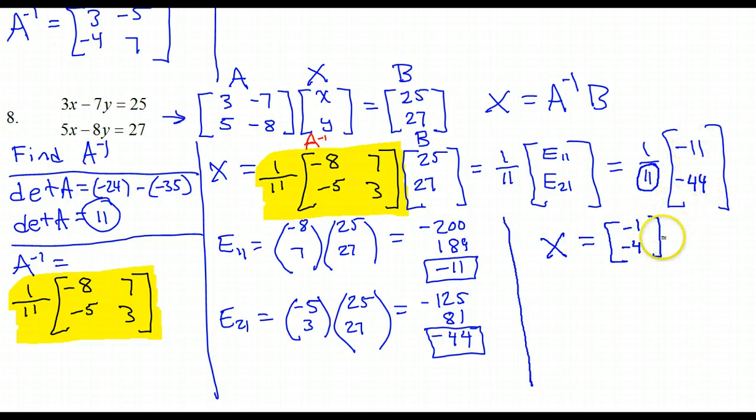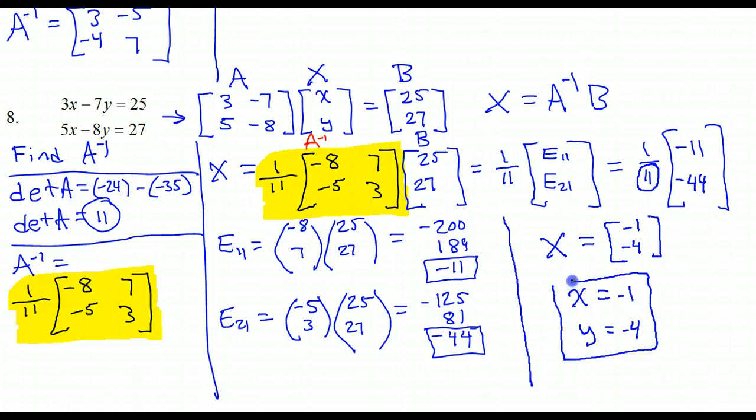Just dividing both of these by 11, which means that X is -1 and Y is -4. And once again, that is how you use matrices to solve a system of equations.